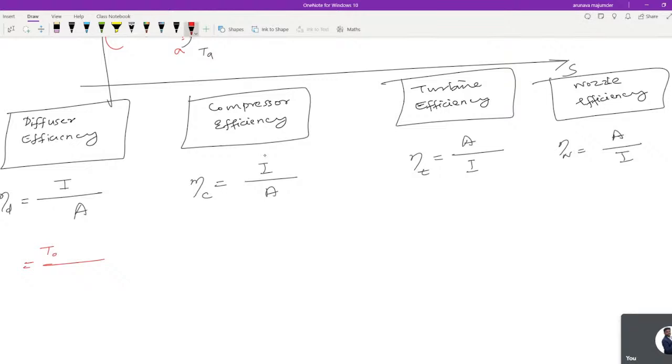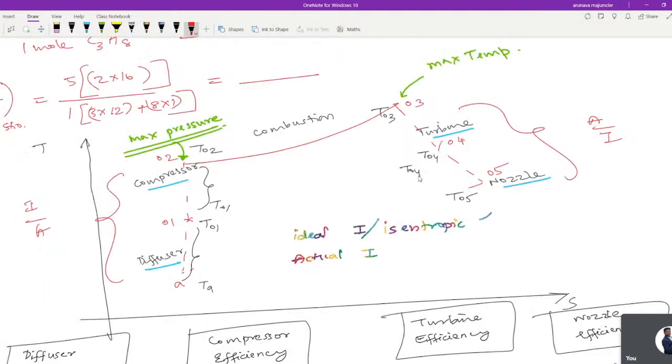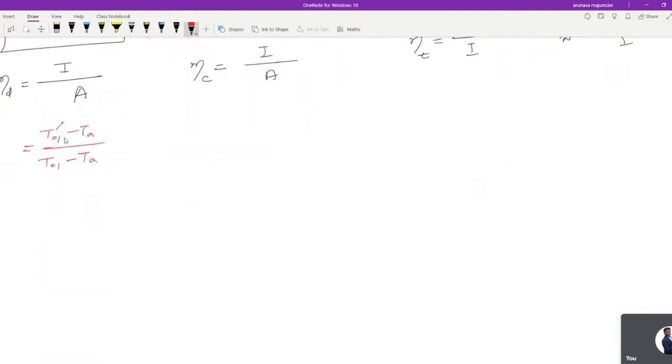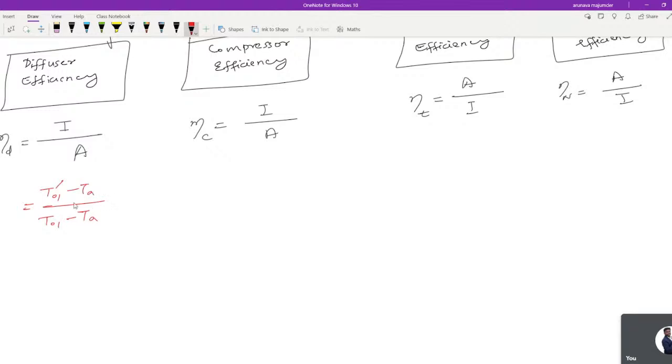T naught 1 is the highest, so T naught 1 by T naught A. And if I say ideal, obviously I use prime. So it is T naught 1 dash minus TA over T naught 1 minus TA, because TA is not going to change. It is the ambient temperature which is entering inside, right? It is not going to change.